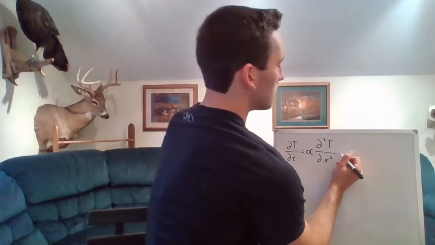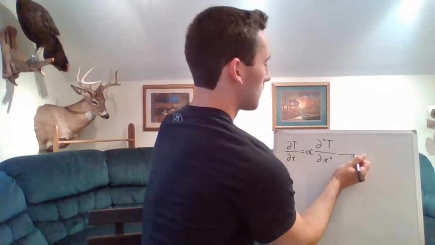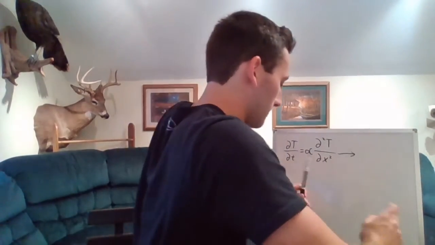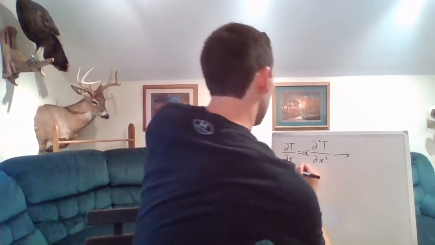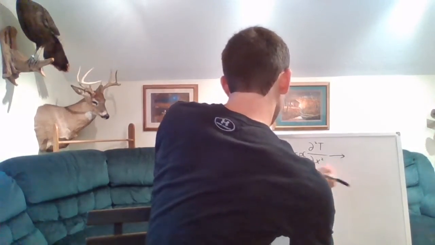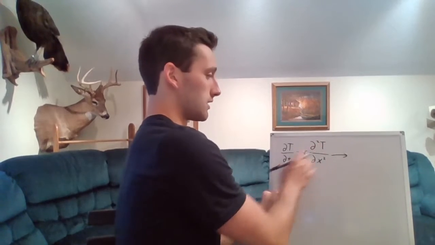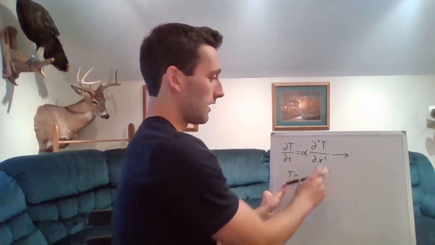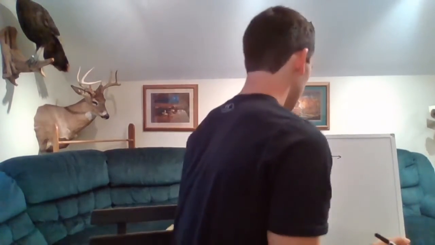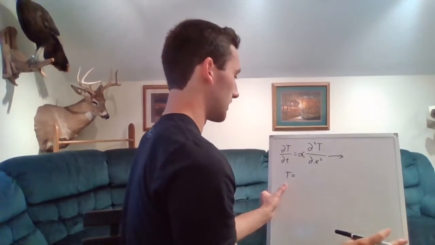So what we can do from this is we can have T equal, in which large T is temperature, little t is time, x is position. Should have clarified those at the beginning.